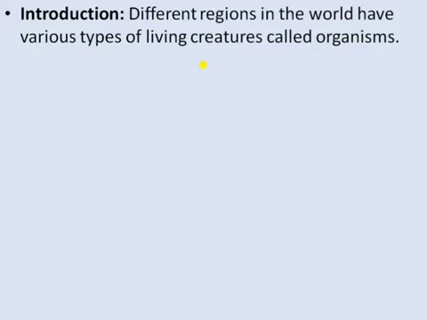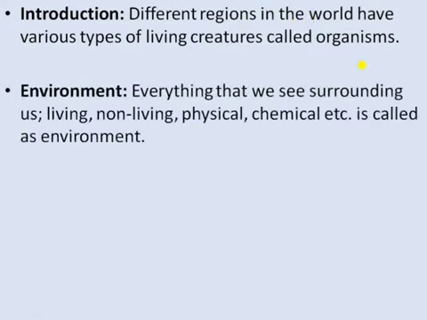What are organisms? The various types of living creatures in different regions of the world are called organisms. Next is the environment. Everything we see surrounding us, whether a living thing or a non-living thing, and the physical and chemical things, are called the environment.